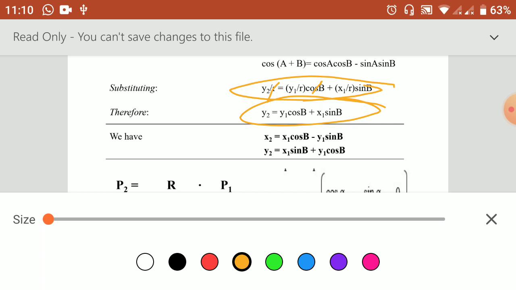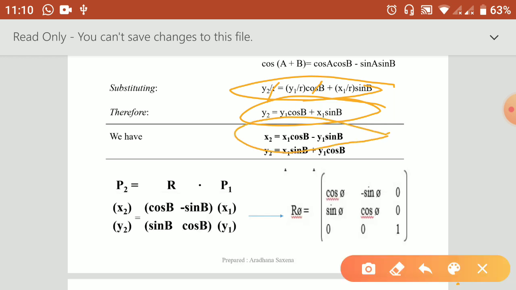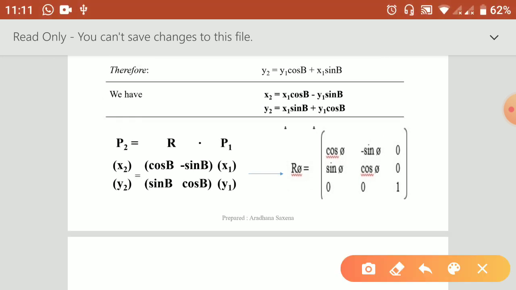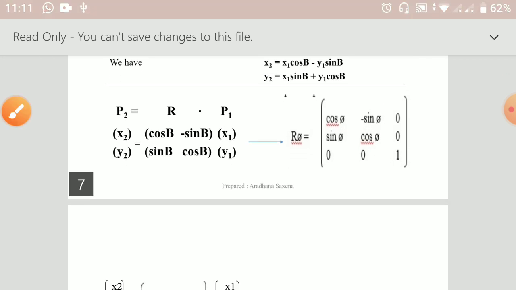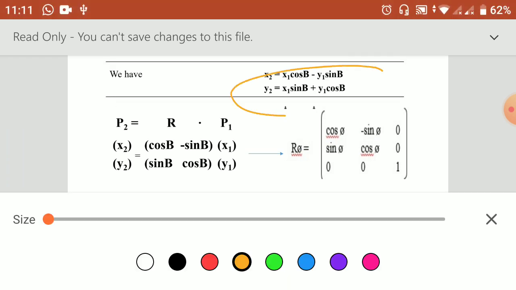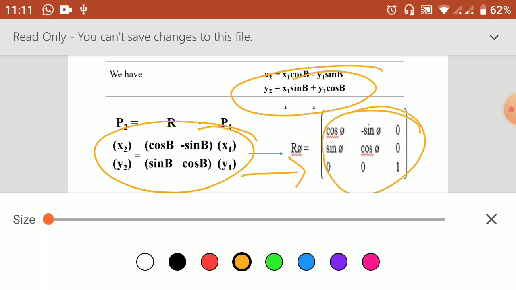Similarly, we will calculate the equation for x2. After getting these two equations, we can write this matrix. From these equations, we can write this matrix. How is this matrix derived from these equations?